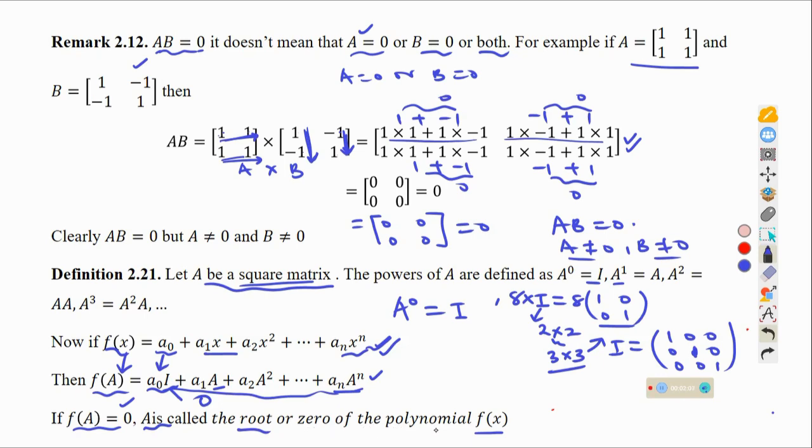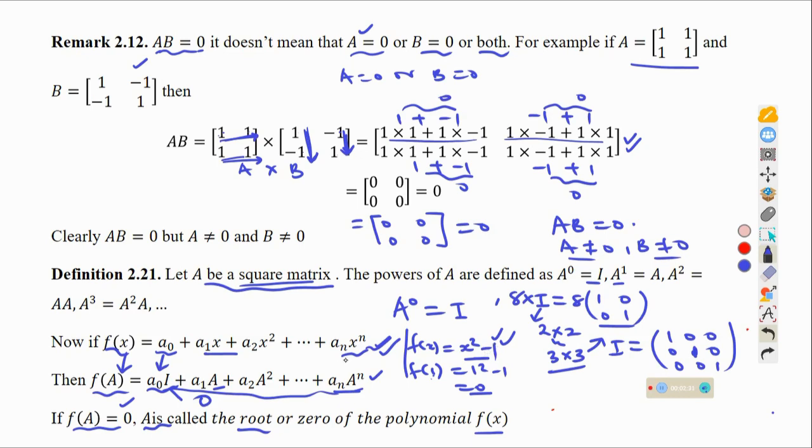Because if you try to relate it with our normal polynomials, if you have f of x, which is simply x squared minus 1, and you substitute f of 1, you get 1 squared minus 1, which is 0. So clearly it implies that 1 is the root of this function or this polynomial here.